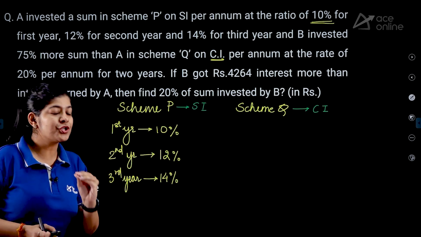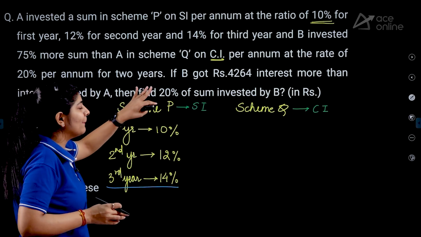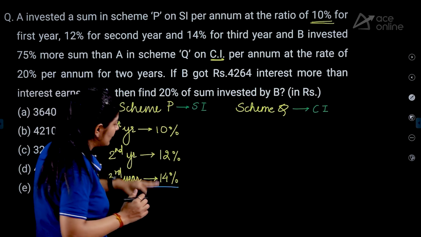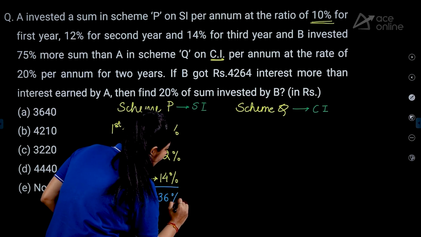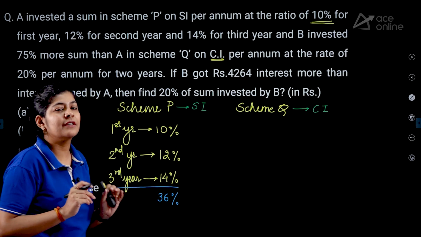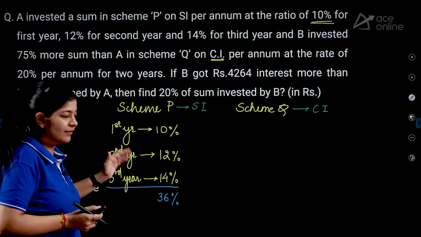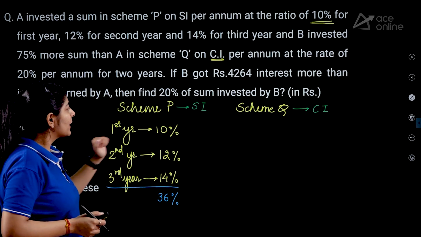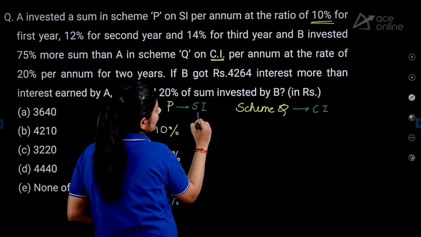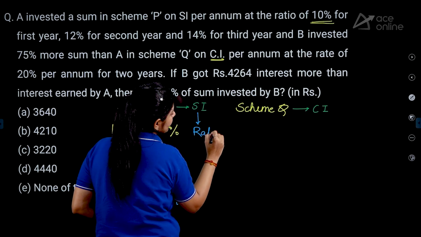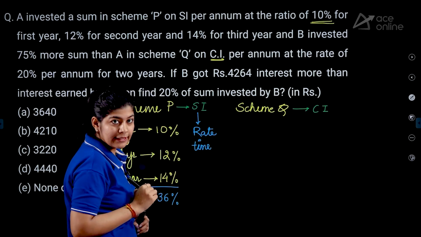So in short, in scheme P, I am getting 36% of interest in total in these 3 years, right? Okay. Because I know that this interest I am getting is totally dependent on what? On rate and on time. Is it clear? Okay.